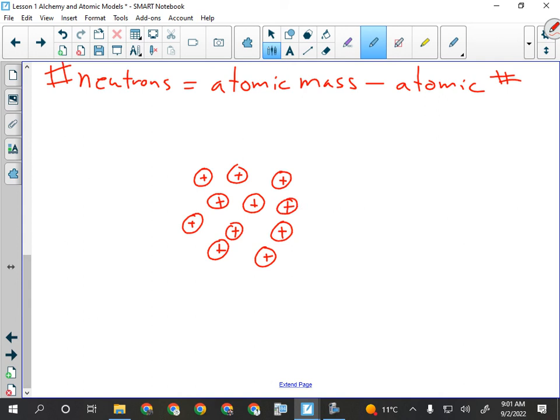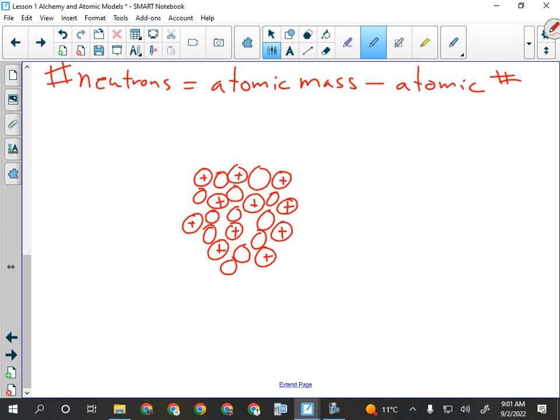What needs to go in all the spaces I left? How many? 12. Right. There's my nucleus. The right particles are in it, in the right numbers.